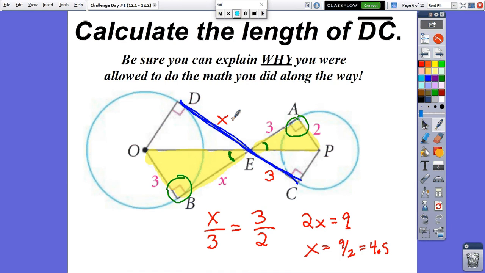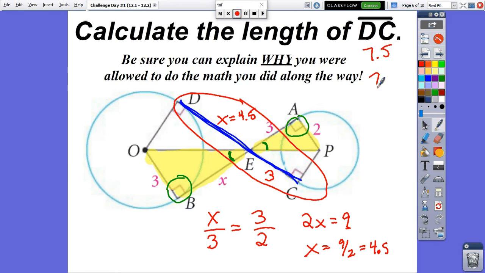So we now know that this is 4.5, 4.5. So 4.5 plus 3, DC has a length of 7.5, or 15 halves. So this one wasn't that terrible, but it required you to think back to last chapter.